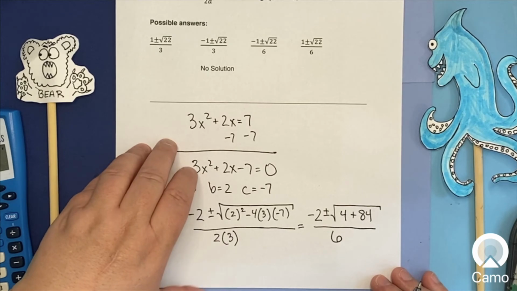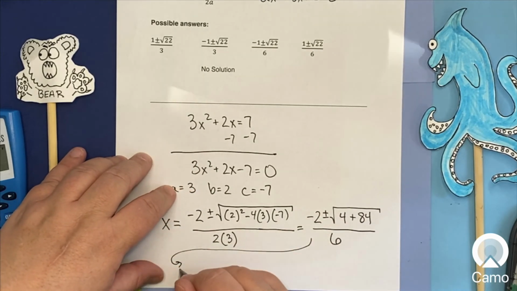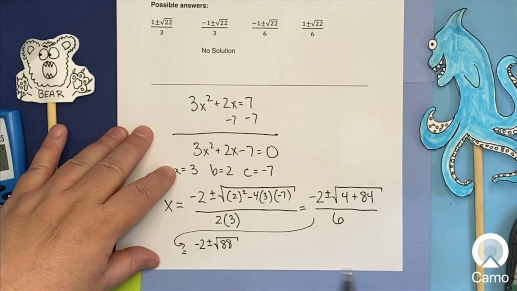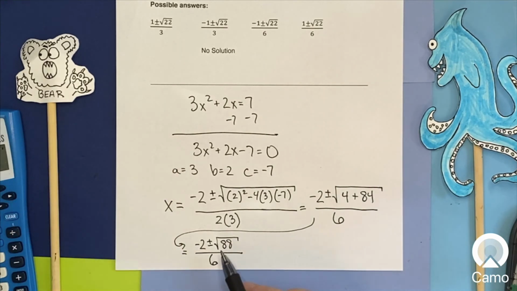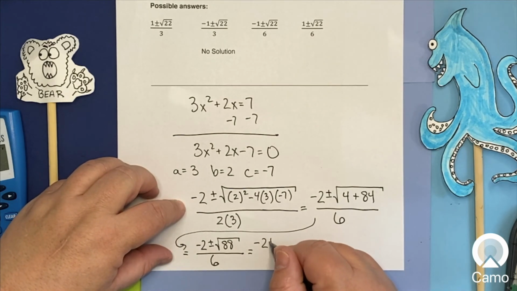So I've got this, and I'm going to go ahead and switch over here. I've got -2 plus or minus radical 88. Ugh, that is not a perfect square. However, what goes into 88? 4 goes into 88.